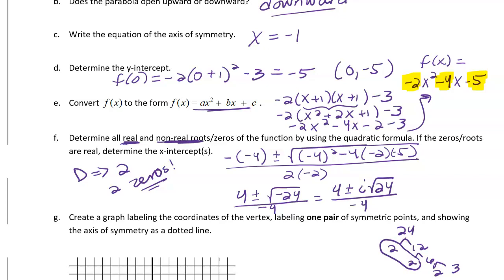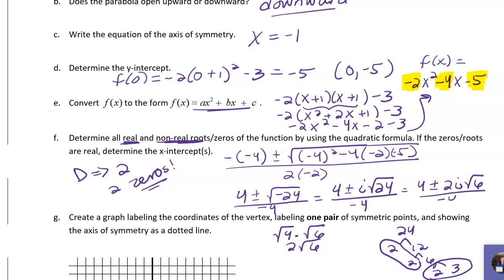And so I can think of this as the square root of 4 times the square root of 6. The 6 comes from 2 times 3. And then the square root of 4 is 2, of course, and then you get the square root of 6. So we can say 4 plus or minus 2i on the square root of 6 all over -4.